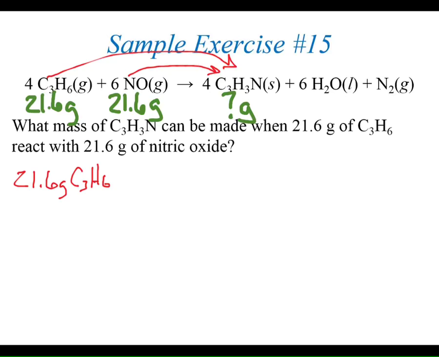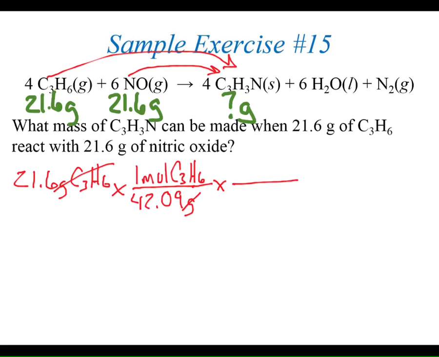Okay, so 21.6 grams of propylene. Somebody said molar mass first. So 3 carbons and 6 hydrogens: 3 times 12 is 36, plus 6 is 42.09 grams per mole of propylene. What do I do next? I want to relate propylene to acrylonitrile. It tells me for every 4 propylene, I make 4 acrylonitriles.